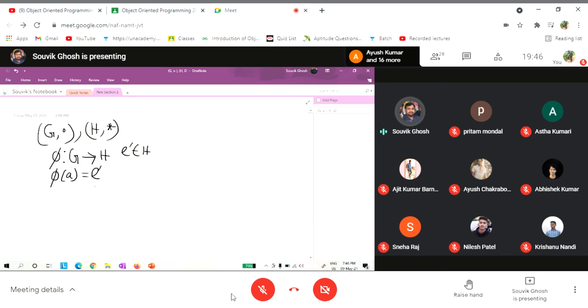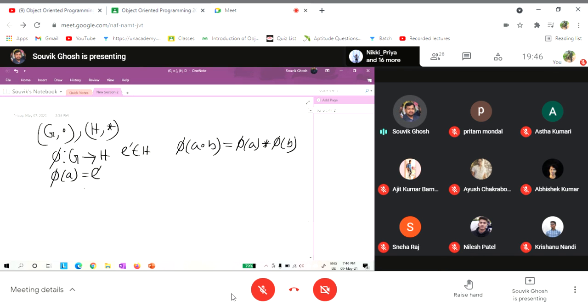So how to prove this is a homomorphism? You have to show that phi of A composition B will be equal to phi of A star phi of B. So how to show?